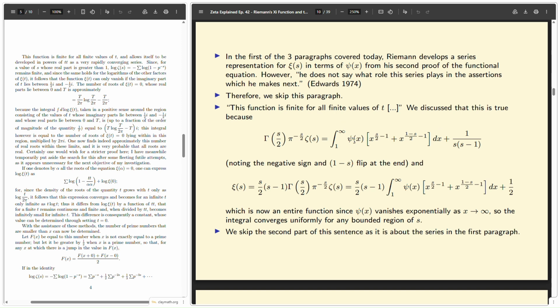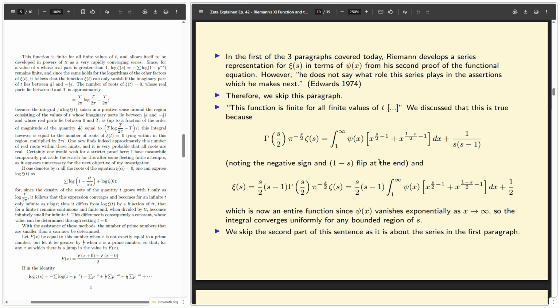And therefore, when you multiply this whole thing by s over 2 and s minus 1, the s and s minus 1 will exactly cancel out this part, which is inducing the pole. So s over 2 times s minus 1 times this term right here just becomes a constant 1/2. And then the s times s minus 1 doesn't do much to this term.